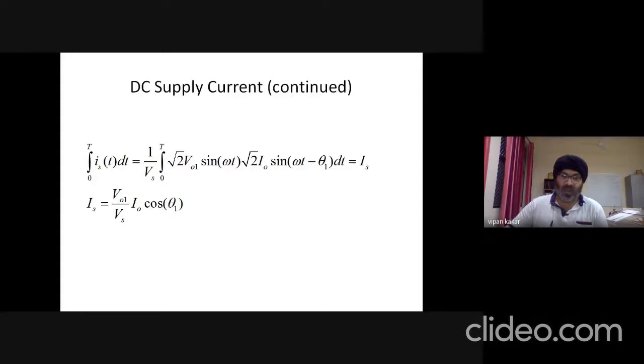But harmonic components have very small energy, so most of the energy is occupied by the fundamental component, as I have explained in previous lectures. So most of the energy is accommodated in the fundamental component.